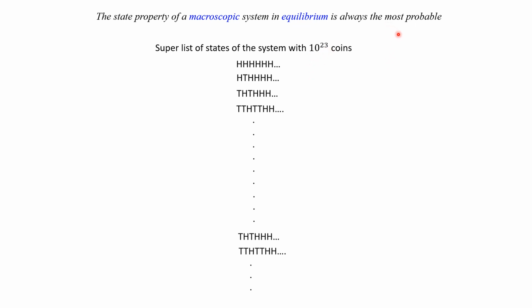And that's why we say that the most probable energy is an energy of equilibrium, because this energy does not change in time, even though the states keep changing in time.